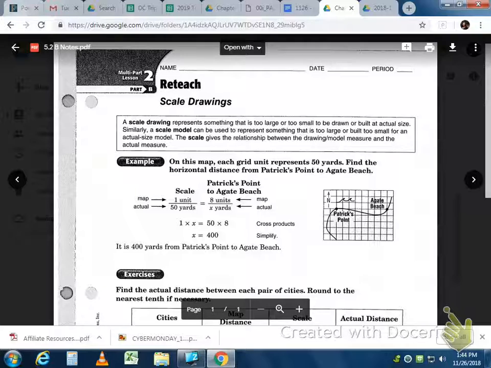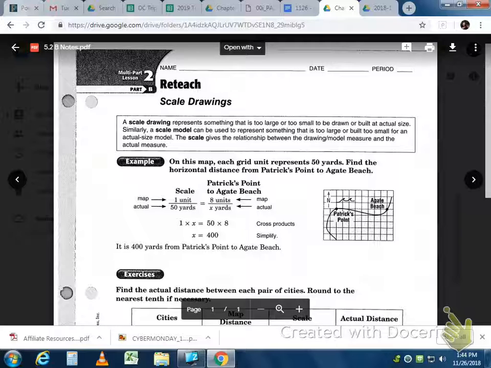So they know exactly what they're getting into when they have to bid how much it's going to cost, right? They don't want to just have some random amount and then not make enough money for what they do. So anyway, the scale gives the relationship between the two things.